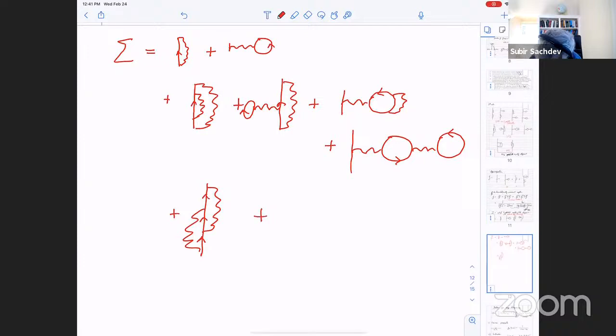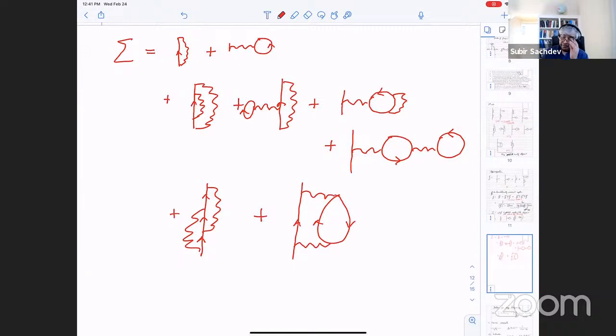You can just imagine how many pages it would fill up if I had to write all this down in explicit form. And then I have this one. So to second order in V, these are all the terms in the self-energy.